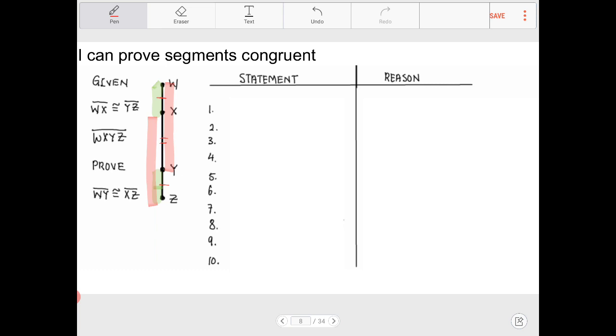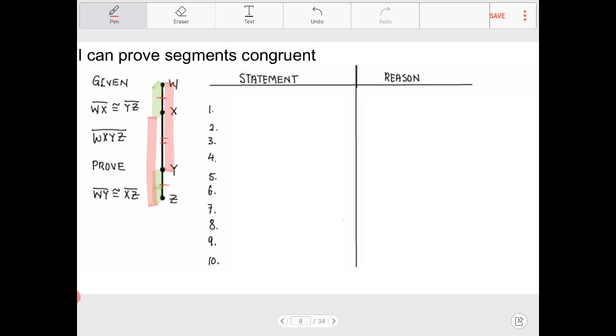The same thing could be said about segment XZ. XZ is made up of XY plus YZ. So logically speaking, this makes total sense that WY should be congruent to XZ. Well, let's put it in the statement and reason chart and see how we can actually demonstrate these ideas on paper.